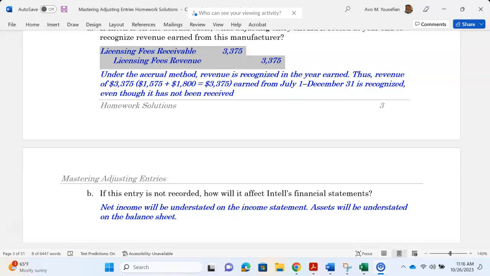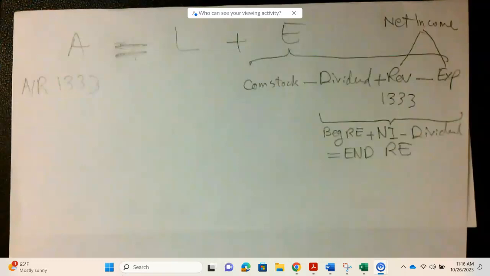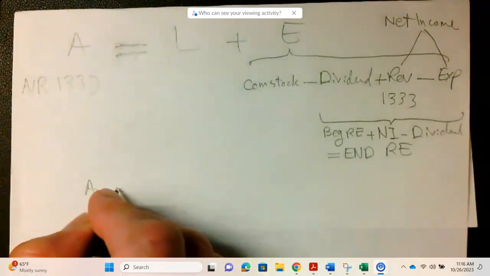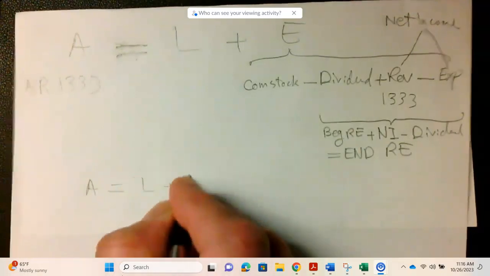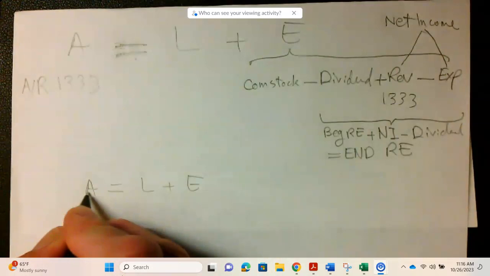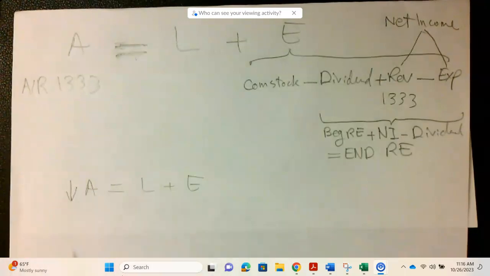So if I show you the camera one more time. Right? If your asset, which is accounts receivable, is not recorded, then your asset will be understated.